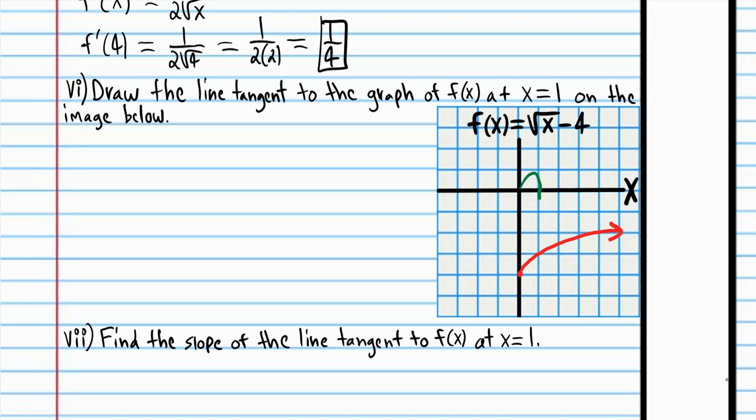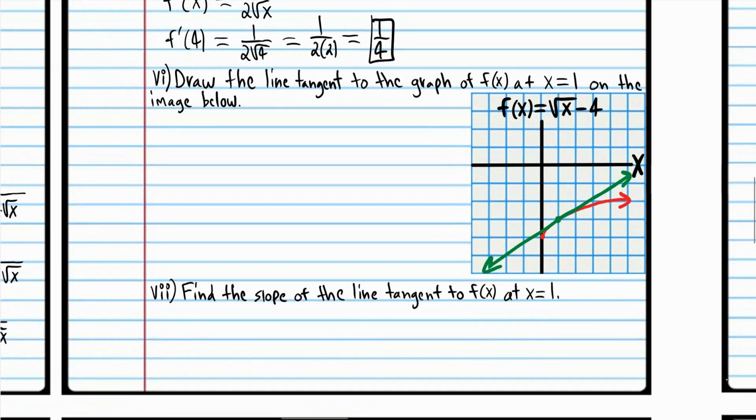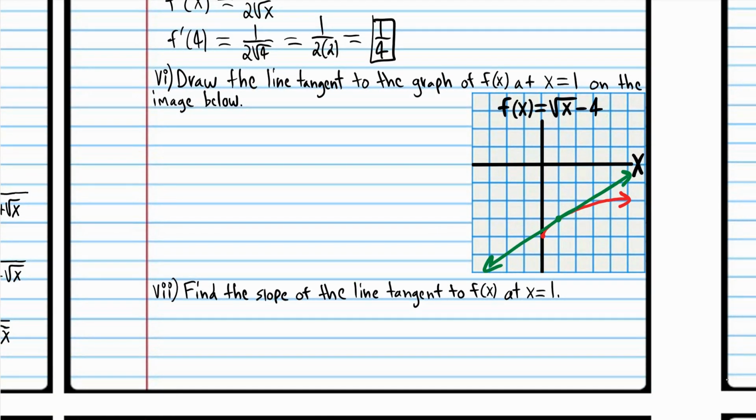So we're going to go out to x equals 1, find the corresponding point on the graph, and then draw the tangent line, and now we're going to find the slope of that tangent line. So we're going to use f prime of x, which is 1 over 2 root x, but now we're going to plug in 1 for x. So we have 1 over 2 times the square root of 1, which is 1 over 2 times 1, which is 1/2.